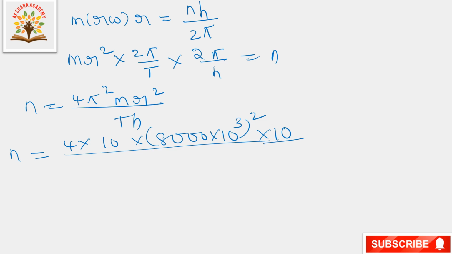By t, which is 7200, into Planck's constant 6.6 into 10 to the power of minus 34.